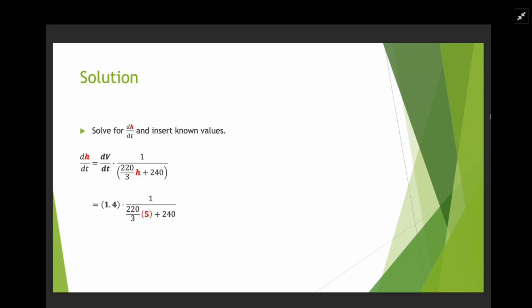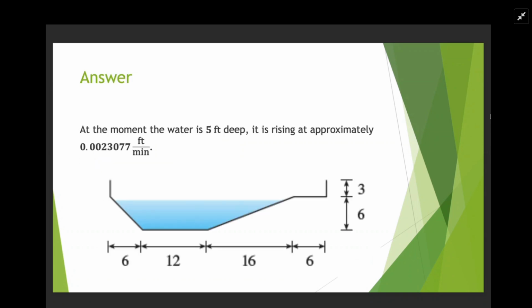You can throw this into a calculator right now, or you can simplify the fraction to 3 over 1,300. In either case, this is our approximate result. The question asks that we round it to 5 decimal places, so we have our answer.